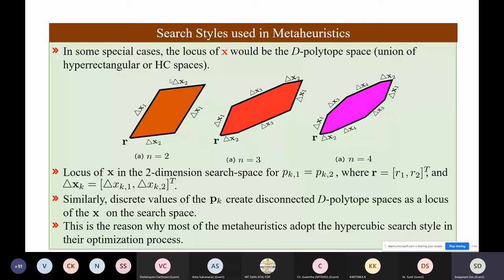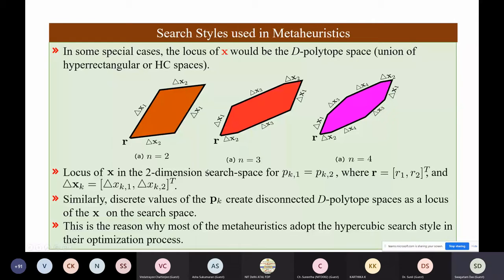D polytope space stands for union of hyperrectangular or hypercubic spaces. Especially when you use multiple difference vectors, like in PSO where we are using two difference operators, the locus of x in the two-dimensional search space would be like this. And discrete values of pk can create disconnected D polytope spaces as the locus of x of the search space.